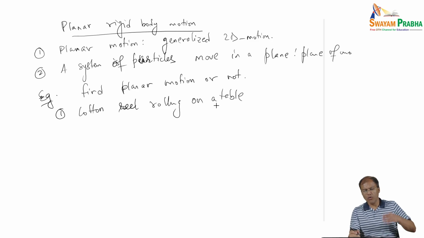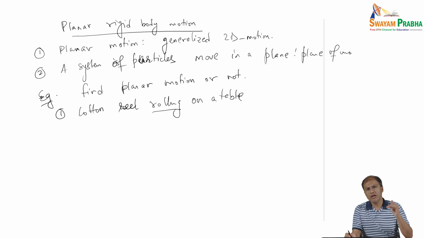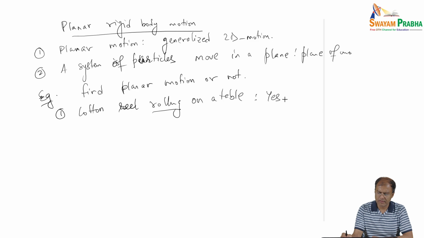The word rolling should be specially emphasized, because the moment we are talking about rolling, we know that there is no sliding, there is no friction force which is allowing the motion to slide. So the moment you have perfect rolling, the cotton reel is going to show a planar motion, and the plane of motion is the plane to which the wheel's axis of rotation is perpendicular. So the answer here is yes.